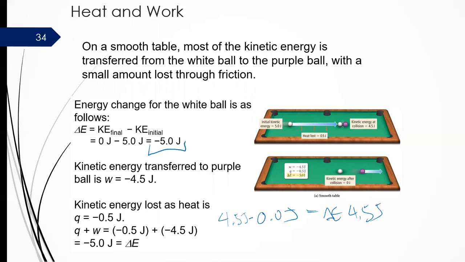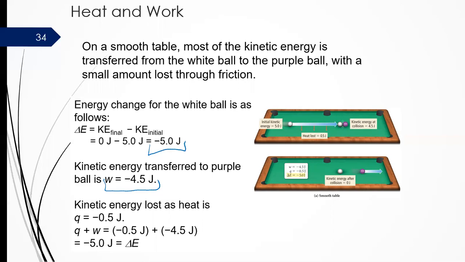So when we're looking at that white ball and trying to figure out how all of its energy went away, it lost that energy in two ways. It lost it by transferring the energy to our purple ball, making it move, which we can classify as our work. Or it lost it as it turned into heat from that friction, which we can classify as its Q. So its work ends up being negative 4.5 joules because it applied that to the purple ball.